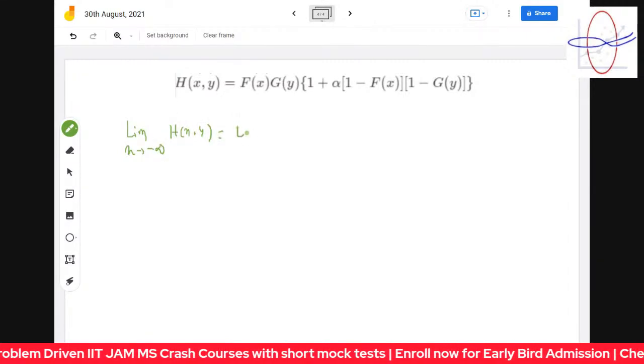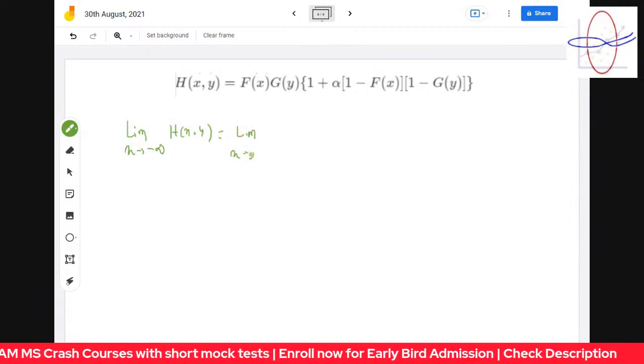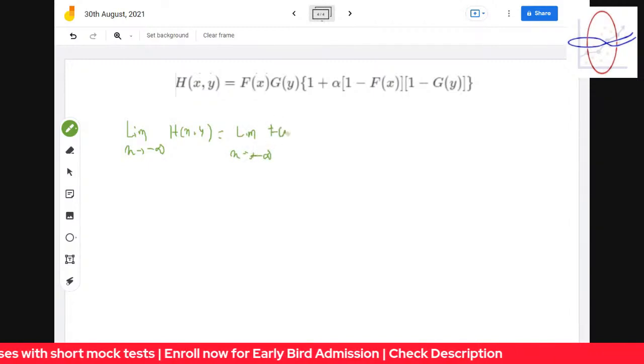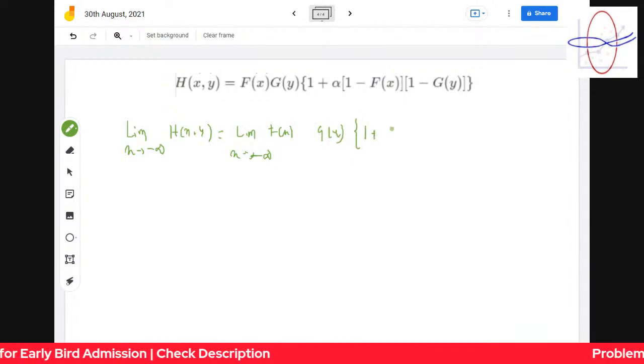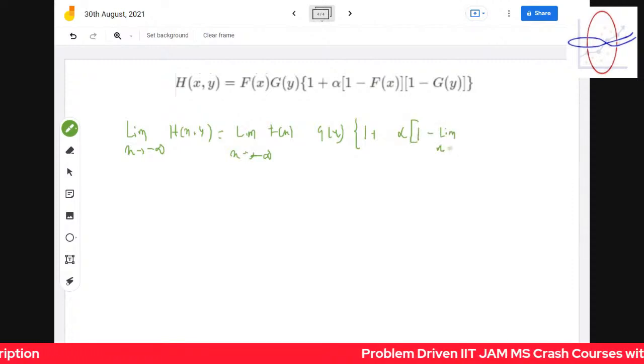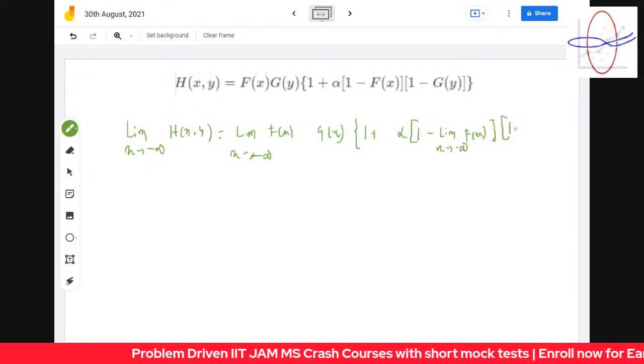And we do it in a similar way: as x tends to minus infinity, fx into gy into 1 plus alpha times 1 minus limit x tends to minus infinity, f of x into 1 minus gy.